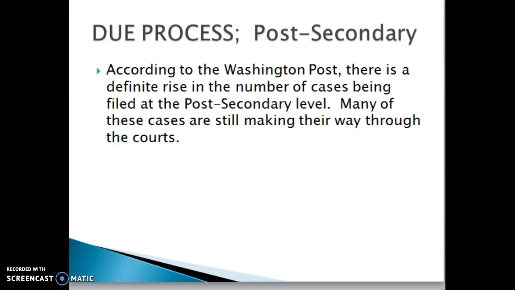In my research, I have discovered that most of the cases do relate to either primary or secondary education. A lot of the articles that I read focused on the impact that it had for those students.